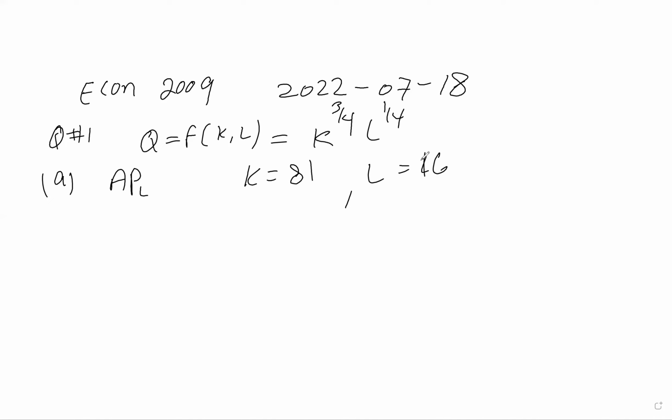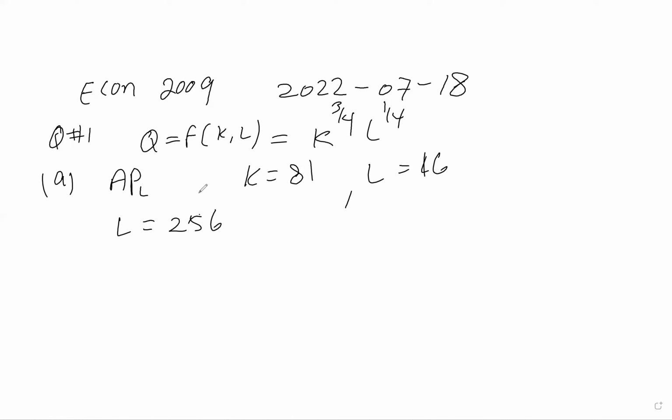And then the question continues: how does this average product of labor change when the firm uses L equal to 256 units of labor? So there's a series of questions that we need to answer here.